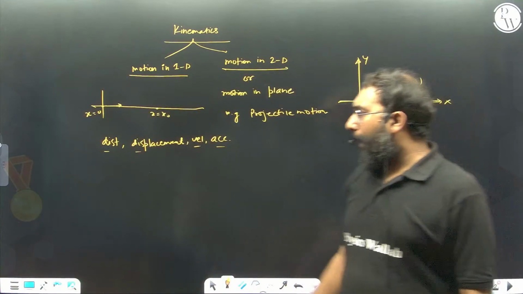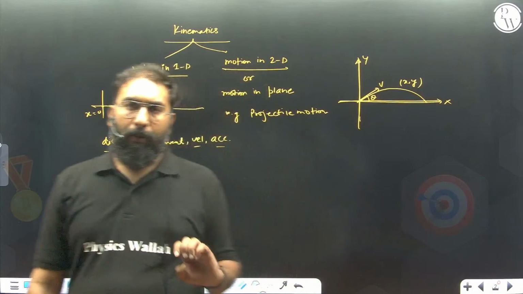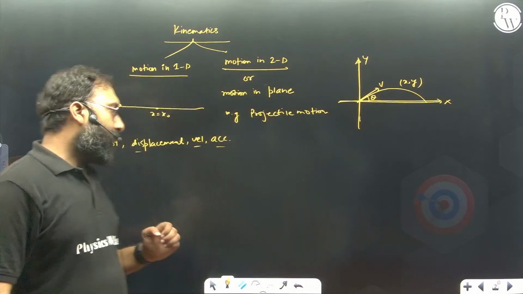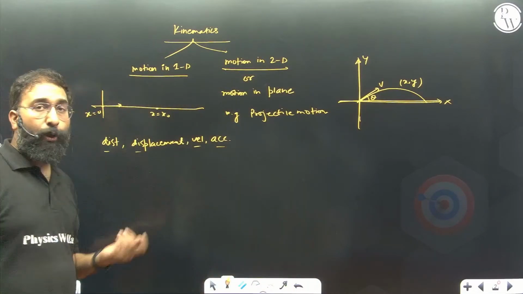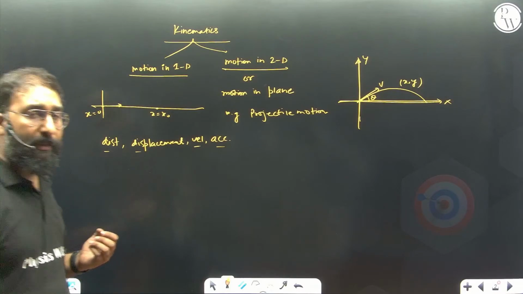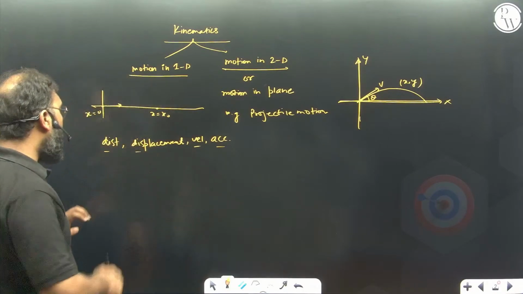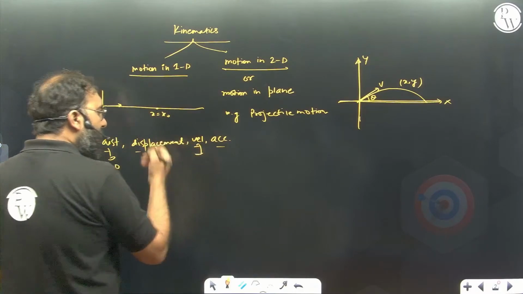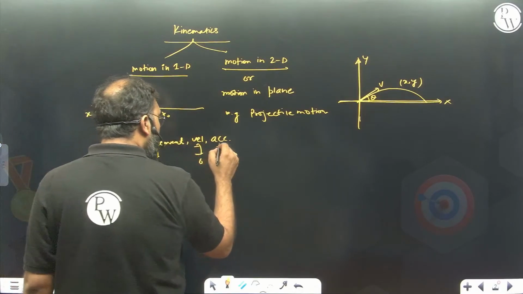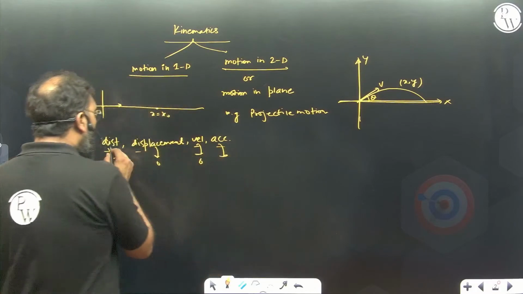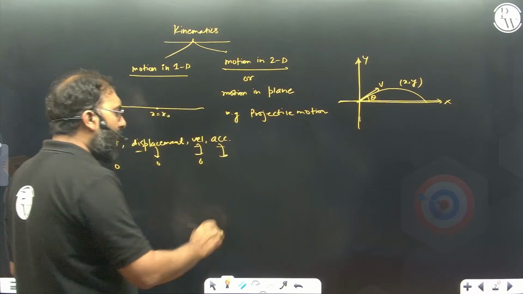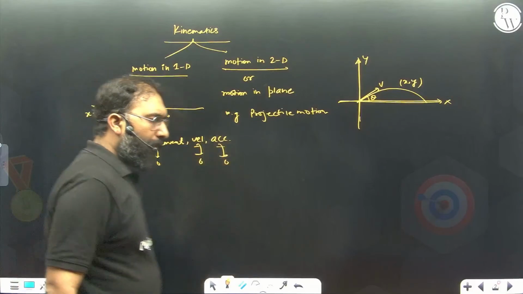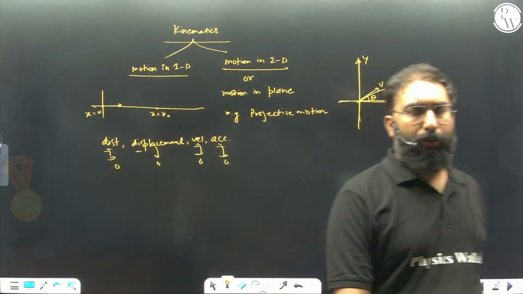When the particle is not moving, when it is in the state of rest, it is not going to cover any path length, so the distance will be 0. Displacement will be 0. Since it is not moving, velocity is 0. Since it is not moving, no force is acting on it, nothing is happening, so its acceleration is also 0.